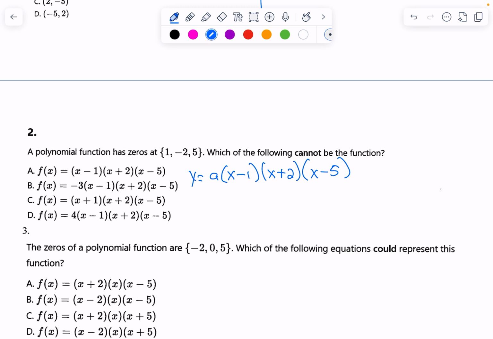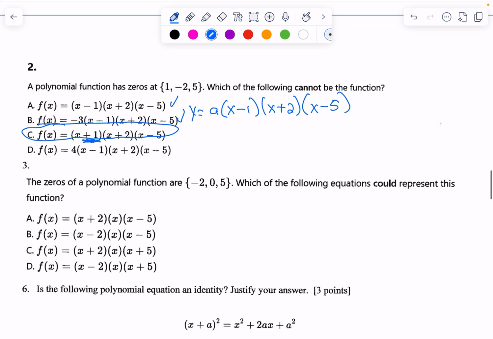So this one is okay, it has the right factors. This one is okay, it has the right factors. This one does not have the right factors, right? This one is wrong, and that's the only one that's wrong, so it's C. And this one down here does have the right factors, the -1, the +2, and the -5.